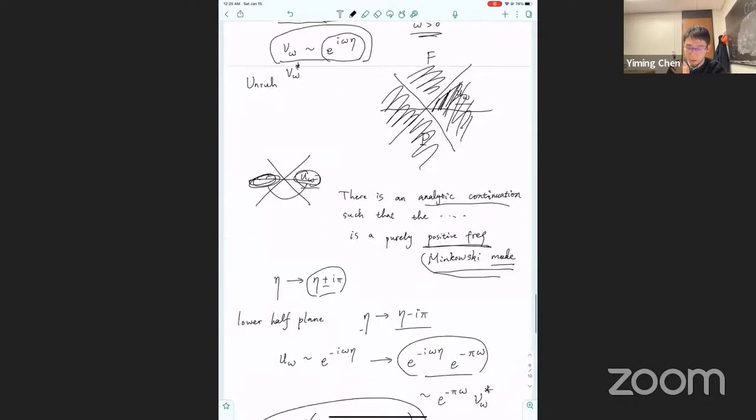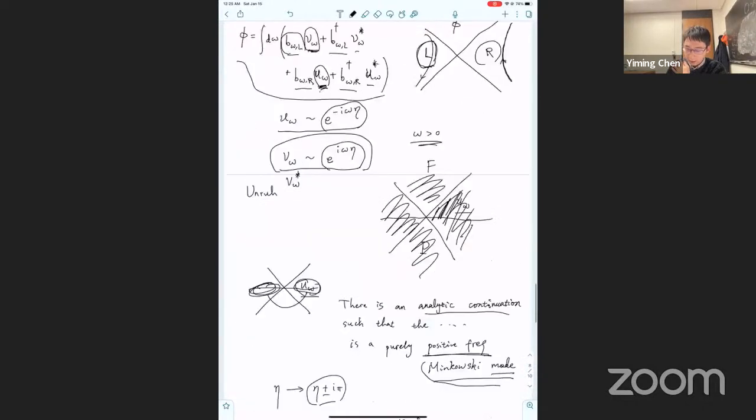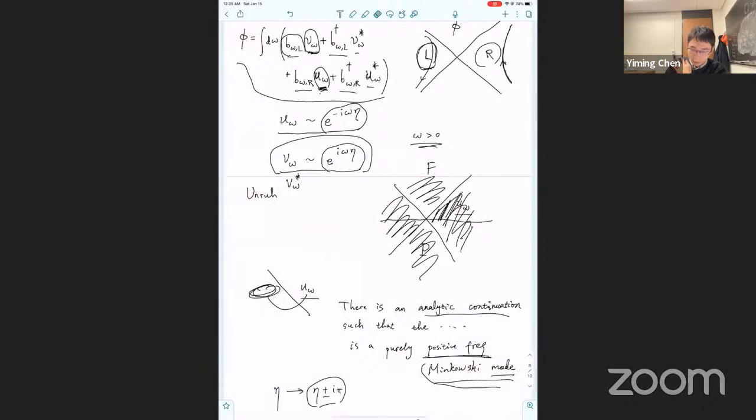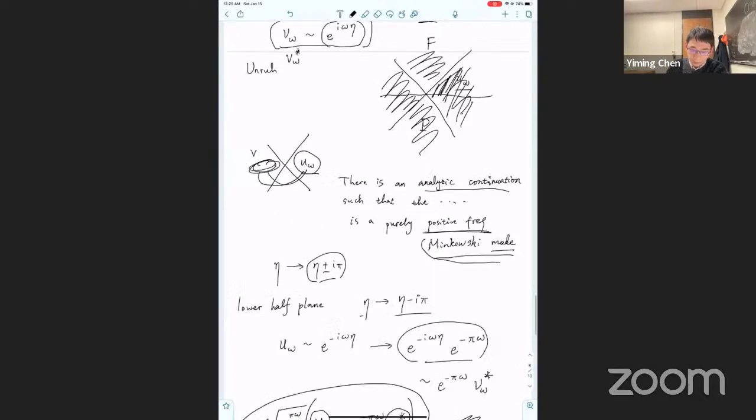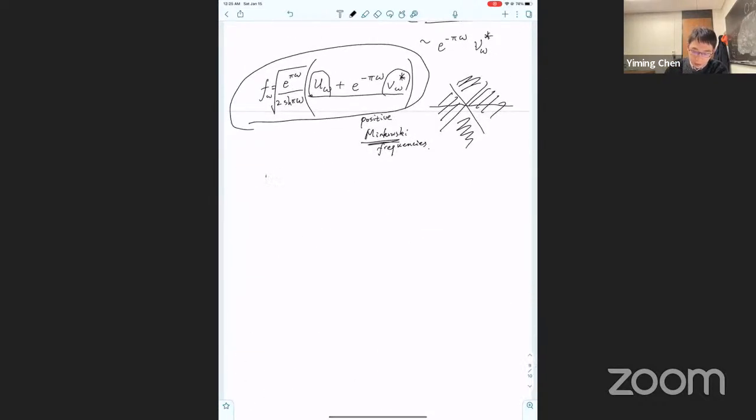But this is not a unique one, because here I was starting with a mode function that is in the right wedge to begin with and continuing it. But we could have started with the mode function in the left wedge and continued that. And that gives us actually a different mode function.